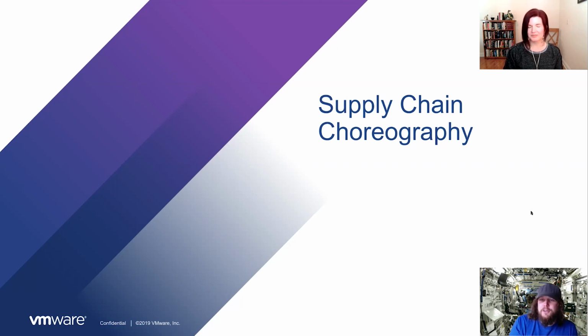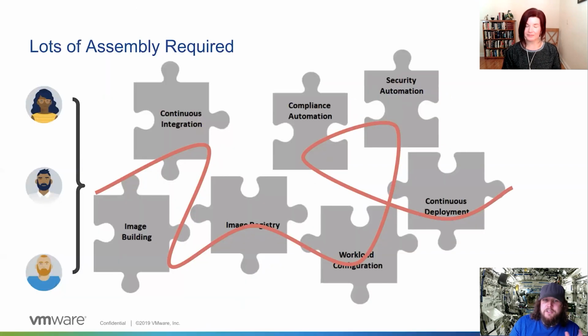Yeah. And so the choreography part, of course, is the mechanism we'll talk about of how we handle supply chains within the platform. So let me jump in a little bit and share what we see as the problem as it exists today and why we built a solution around supply chain choreography. Specifically, we're a tool that works on top of Kubernetes, right? And the Kubernetes ecosystem is just fantastic.